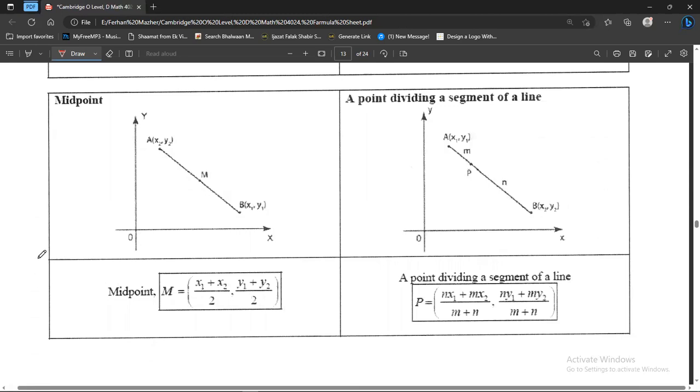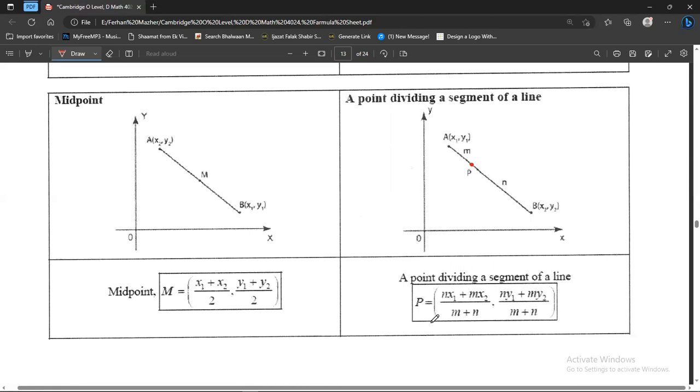Okay. So midpoint: if you know the two points, you can find the coordinates of their midpoint by (x1 plus x2) divided by 2, comma, (y1 plus y2) divided by 2. A point dividing a line segment: for example, here we have a point P dividing the line segment AB in the ratio m to n.